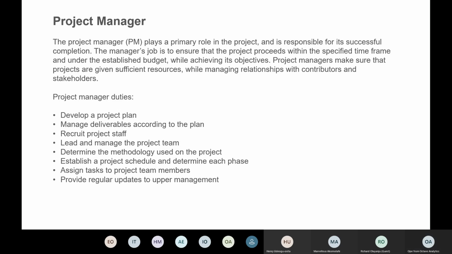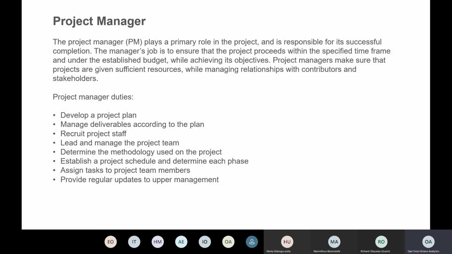Then you also get involved in recruiting project staff, depending on how large the project is anyway. If it's a very large project, then you might also need staff that will work with you to manage the project. So a project manager will be responsible for recruiting the project staff.